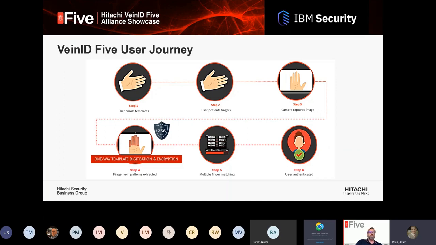And we've been doing this for 20 years. The big shift is to using the standard camera. And with that, everything is encrypted. We never actually capture an image or a picture of the person's hand. We're only capturing a mathematical representation of the vein pattern within their fingers. And that enables us to provide a match to who the user is, simply by raising their hand to the camera.